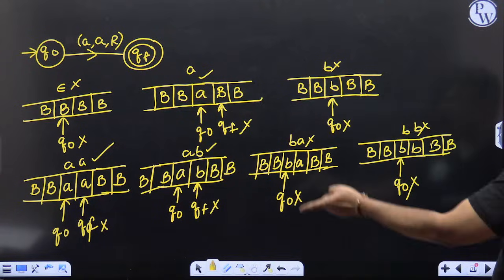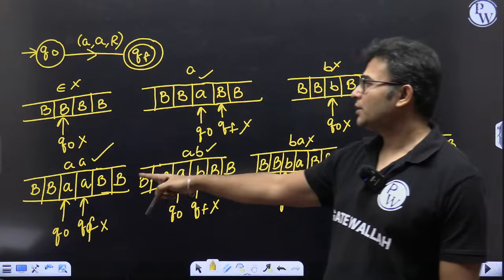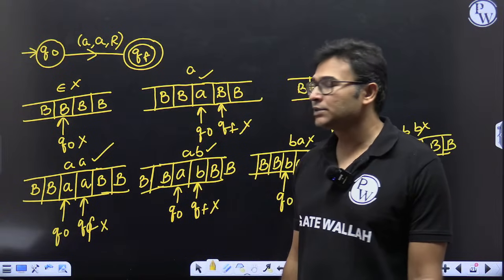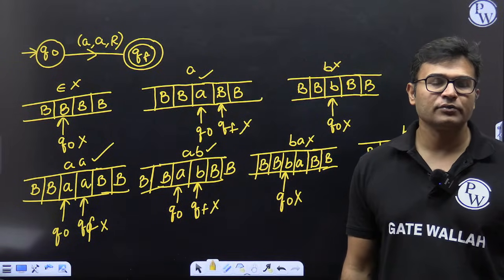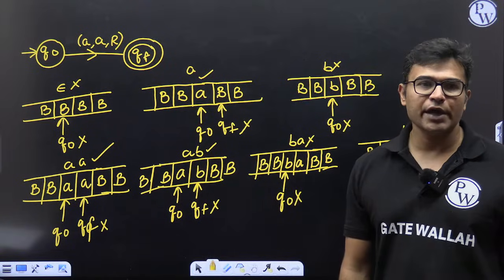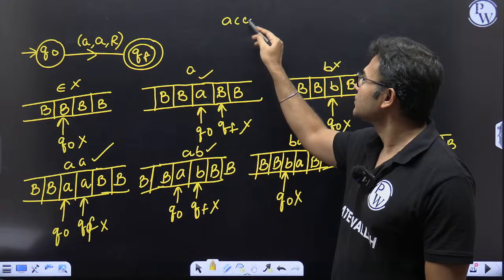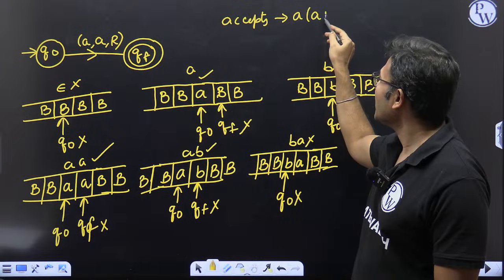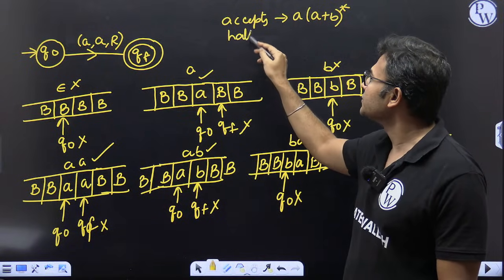So if you observe all this, epsilon is not accepted, A is accepted, AA is accepted, AB is accepted, which means it is accepting all strings starting with A. Very good, Prashant. So we can say that it accepts all strings starting with A, and it halts on all strings.